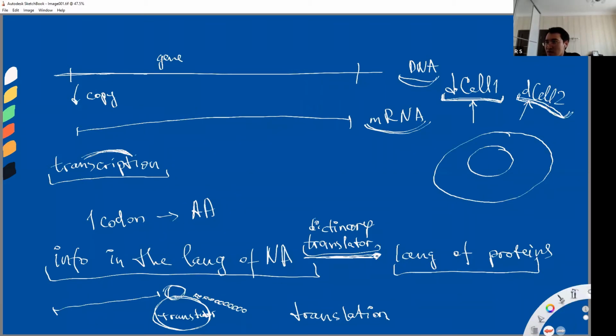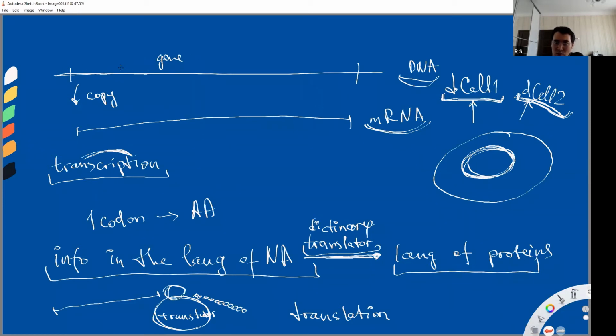Otherwise you will get something like cancer in the end. So this genetic information should be identical for both of the cells. But how do you do that? You only have one copy of all the DNA that you have. So you just replicate it.